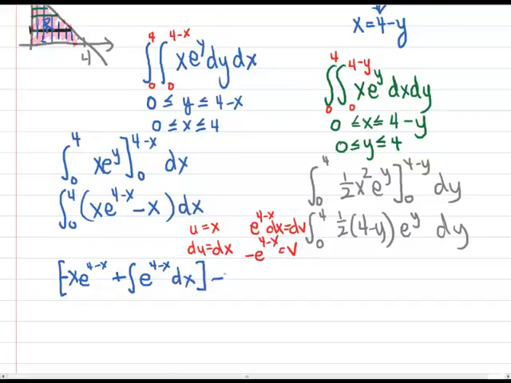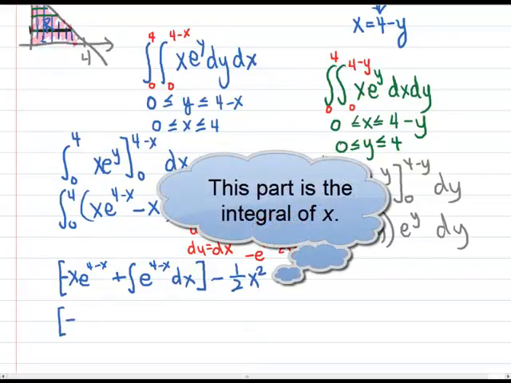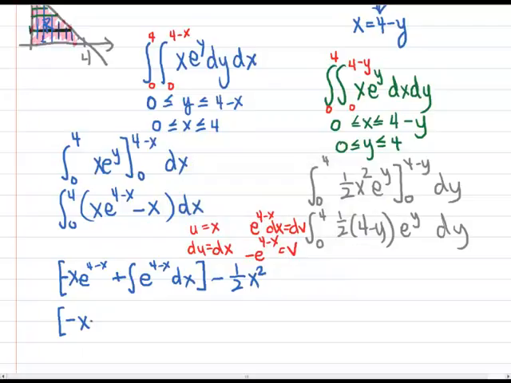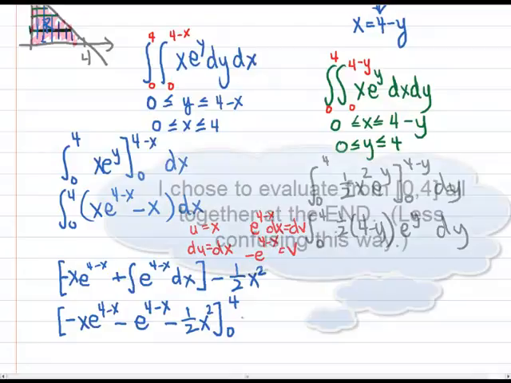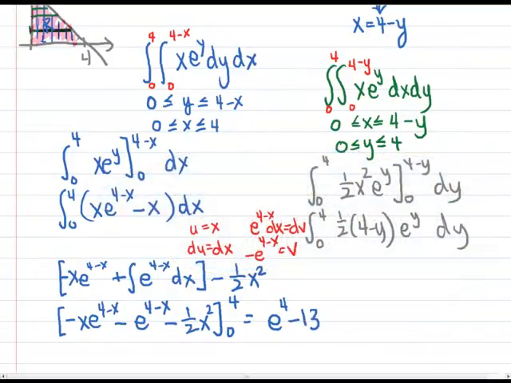And I'm going to integrate that last part to be 1/2 x squared. So I have negative x e to the 4 minus x, I'm going to integrate again, minus e to the 4 minus x minus our 1/2 x squared, evaluated from 0 to 4. And plugging everything in, hopefully you guys will just trust me here, it's e to the 4th minus 13.